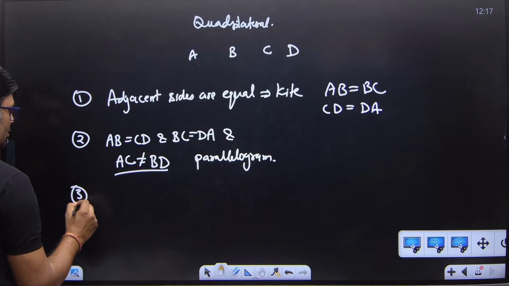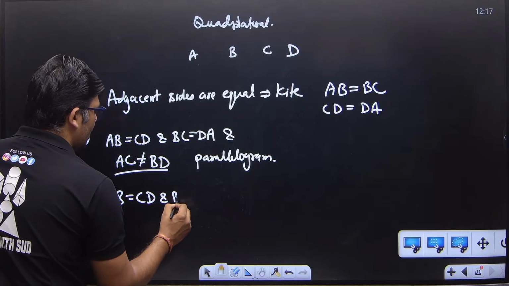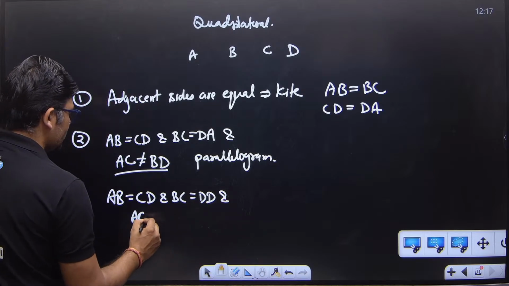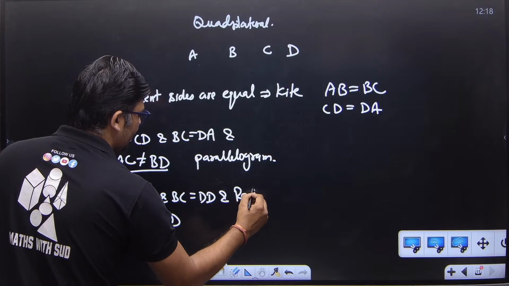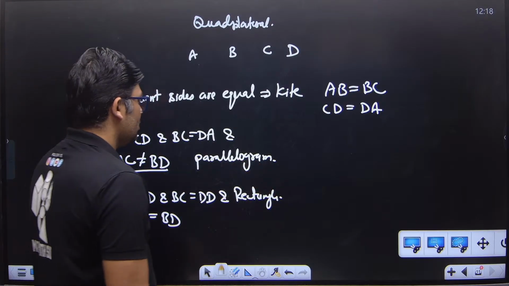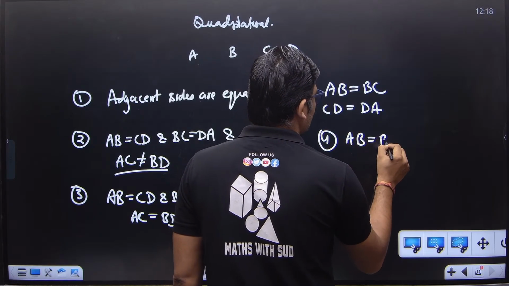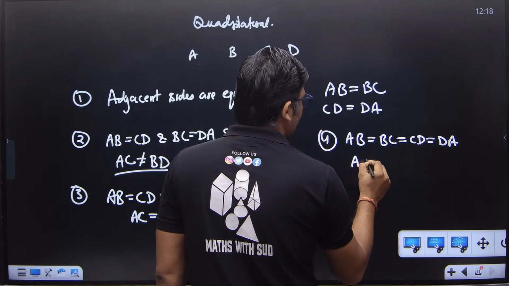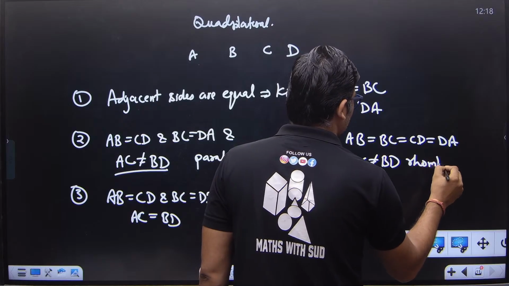Now suppose that AB is equal to CD and BC is equal to DA and AC is also equal to BD. In that case, it will be a rectangle. Suppose that AB is equal to BC is equal to CD is equal to DA, but AC is not equal to BD, so it will be a rhombus.